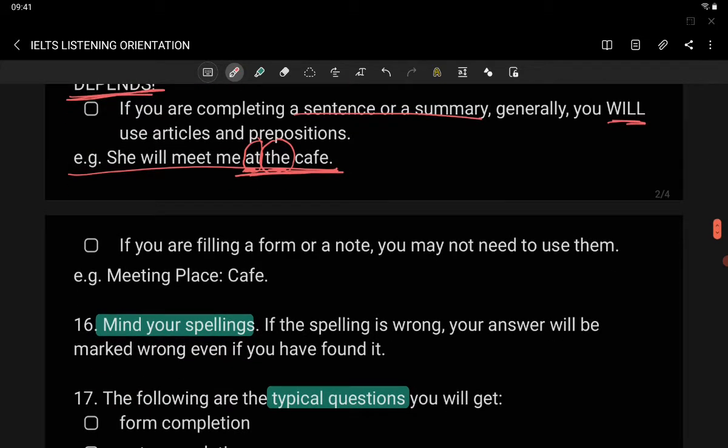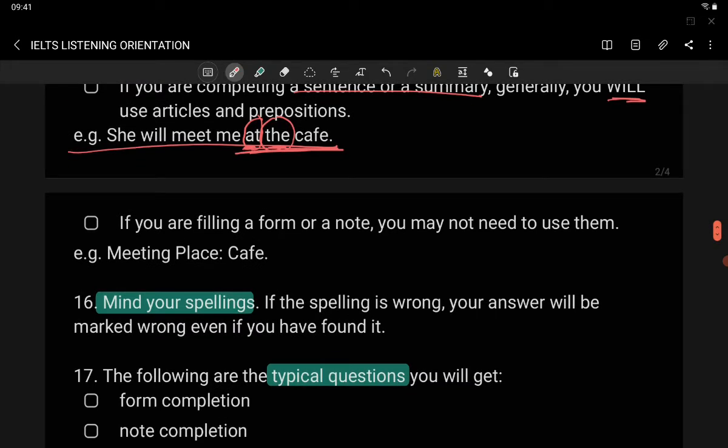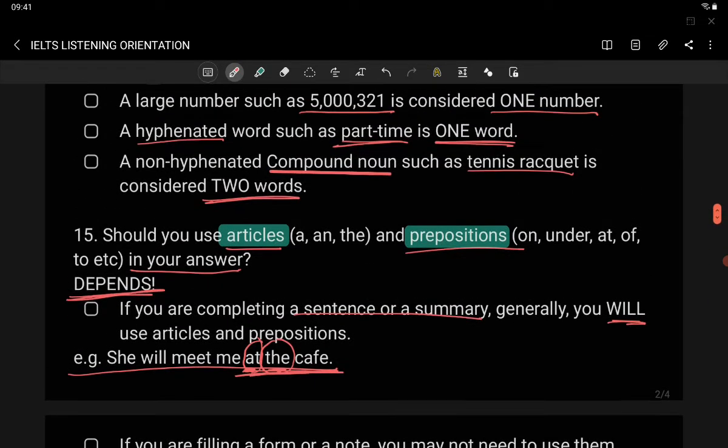I have to be grammatically correct in summary and sentence completion. But if I am filling a form or I am writing a note, I may not need to use them. For example, meeting place dot dot dot, and you have a dash in front of it, you can just write cafe. You don't need to write at the cafe. Okay, so you have to keep checking.